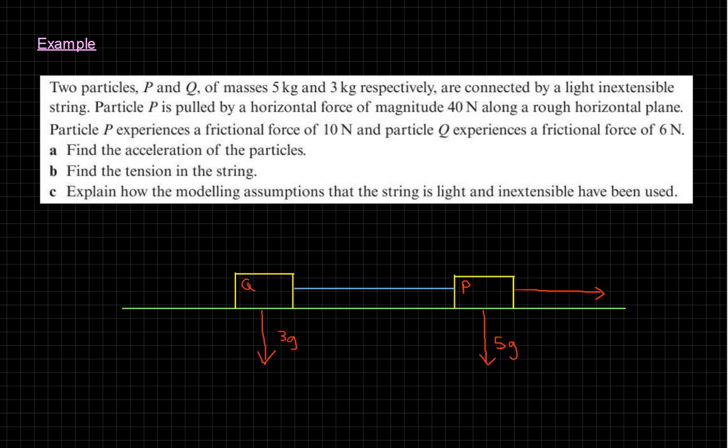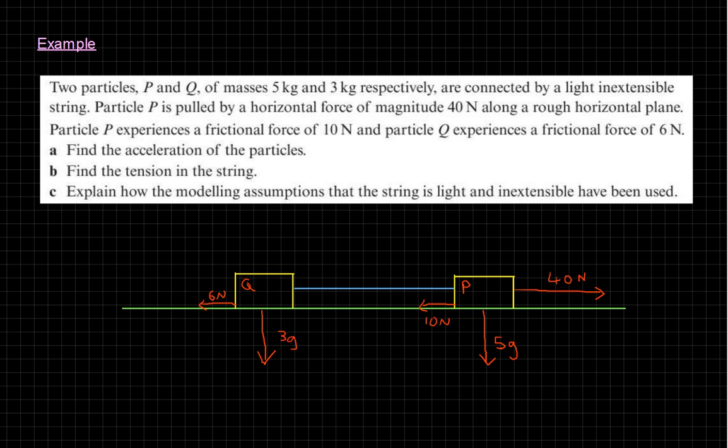Somebody could be pulling it, or maybe it's got a rocket booster or something, but that's 40 newtons to the right. And then it's also got friction of 10 newtons, so there's 10 newtons pulling it back. Q also has a frictional force of 6 newtons, and it's pulling it back.